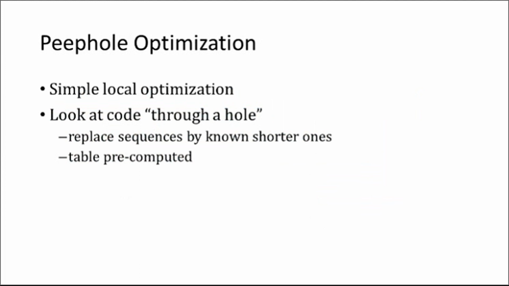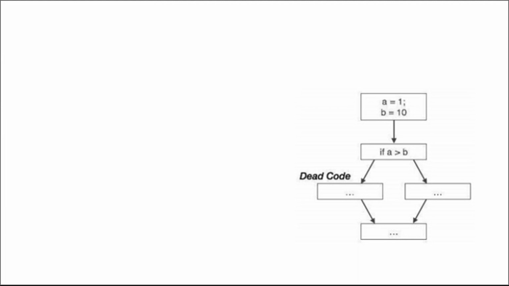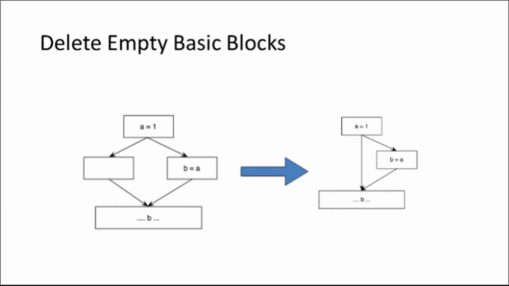We have also seen the peephole optimization technique, a simple local optimization technique, where we look throughout the code and replace sequences with shorter ones. Now we look at optimizing basic blocks. For basic blocks, we can apply local common subexpression elimination, dead code elimination, and algebraic identities, all of which we have already covered.